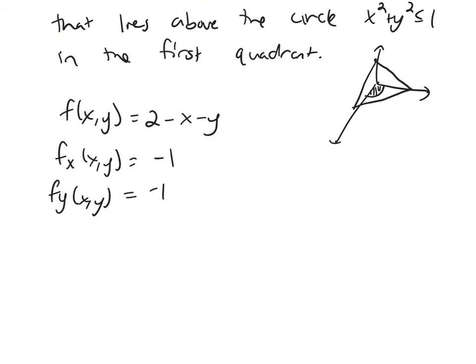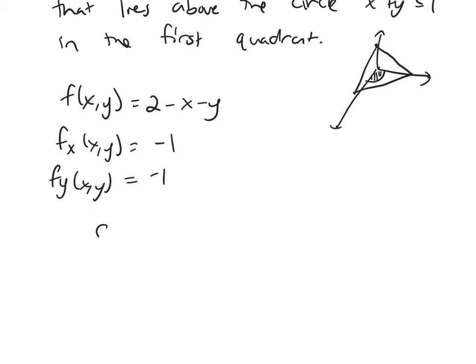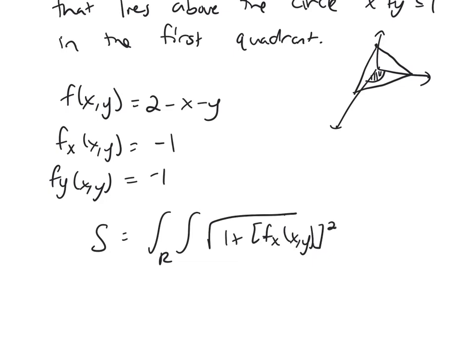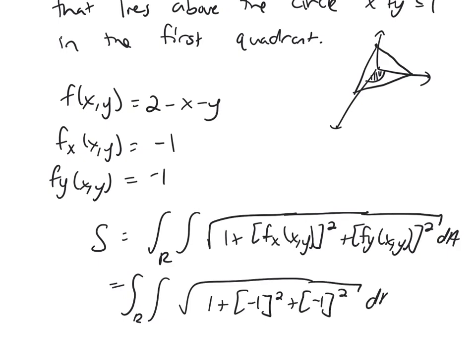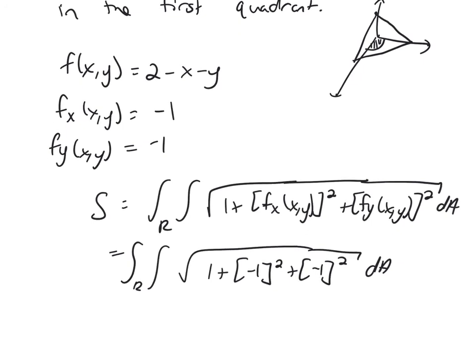So then our surface area, I'll just call it S, is the integral over this region R, the square root of 1 plus fx squared plus fy squared dA. Well, now this is the square root of 1 plus (-1) squared plus (-1) squared. So that's really just square root of 3.